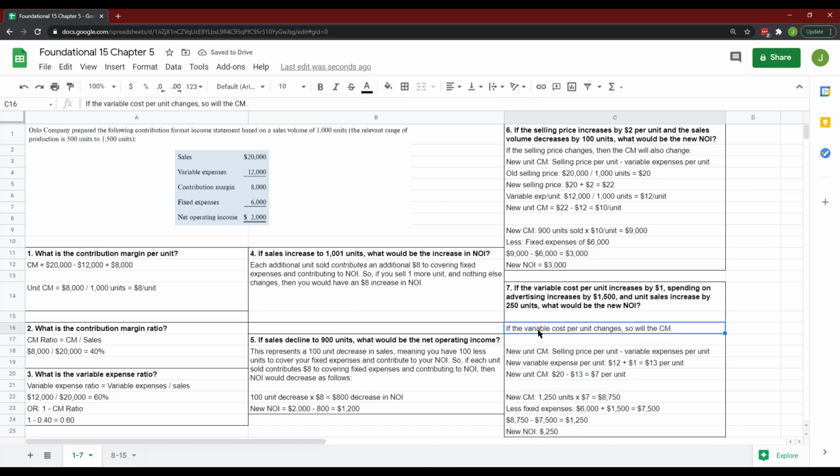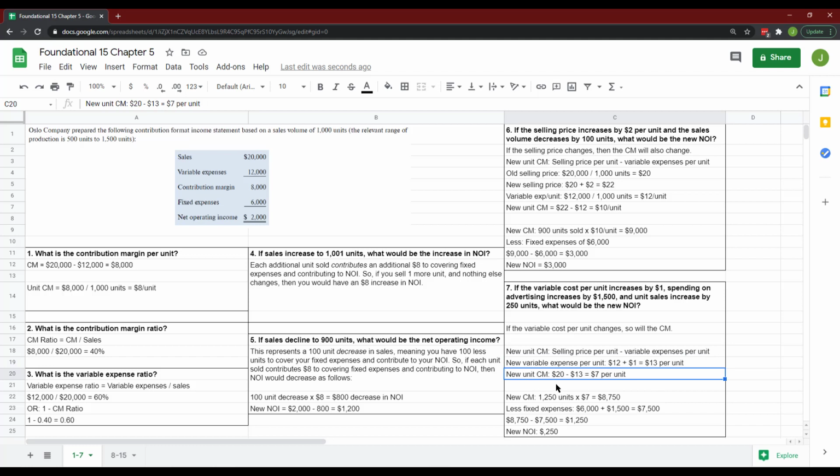So remember, if the variable cost per unit changes, so will the CM. So we need to redo that calculation. The new unit CM would be our selling price per unit minus your variable expenses per unit. So first we figure out the variable expense per unit. The original 12 plus the 1 gives us 13 per unit.